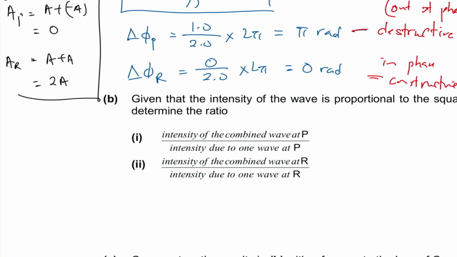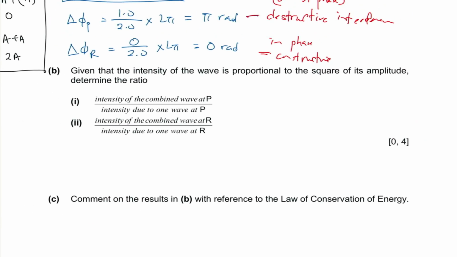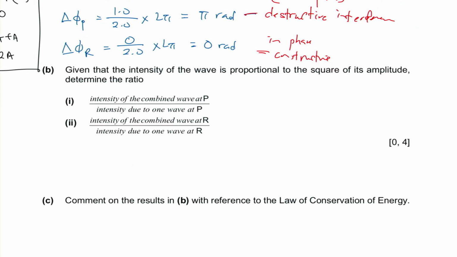Now we move on to intensity of the combined wave. Intensity is proportional to the square of its amplitude, so I is proportional to A squared.